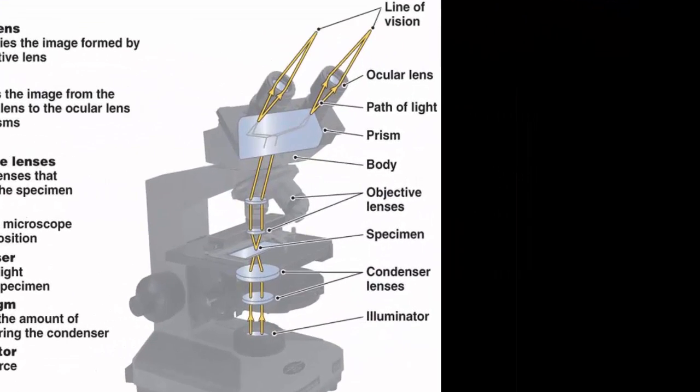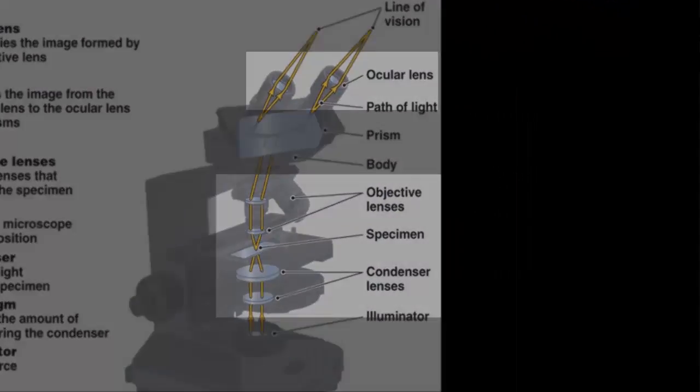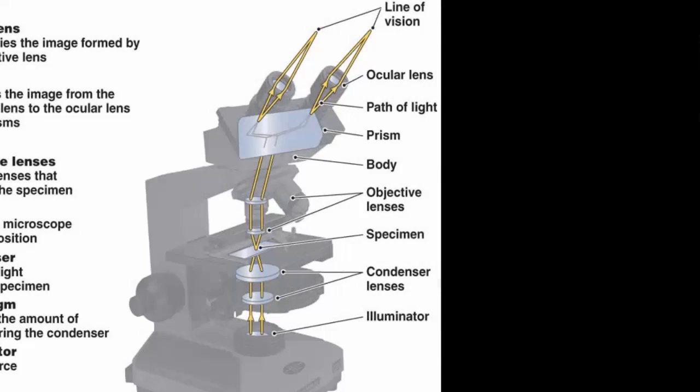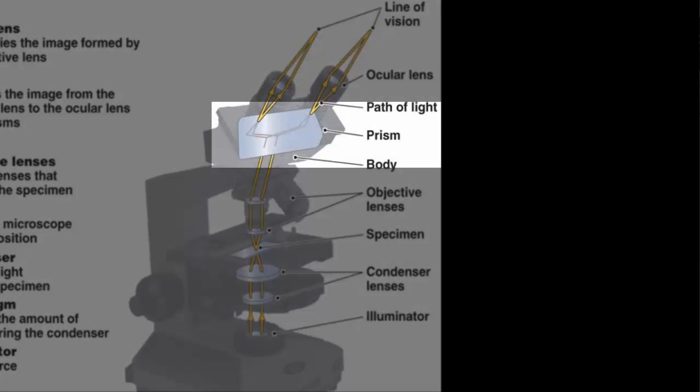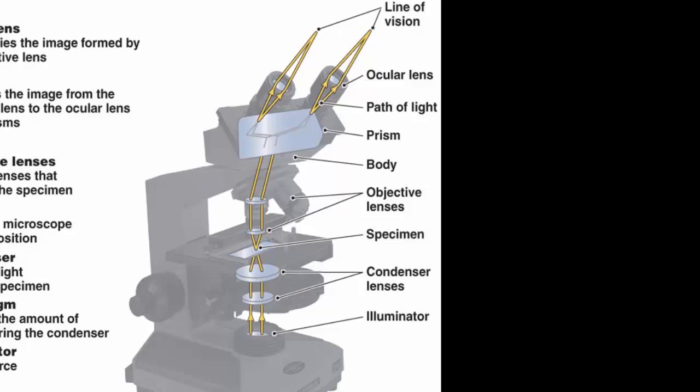Inside the microscope, we have a variety of different lenses and a prism that is used in refraction of the light from the specimen.